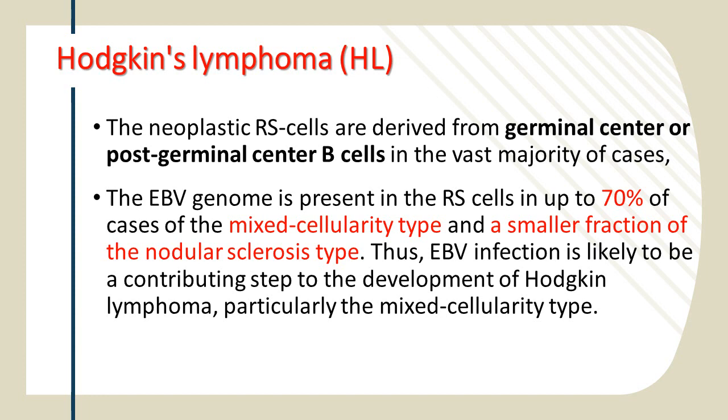Hodgkin lymphomas are now understood to be unusual tumors of B cell origin. The neoplastic Reed-Sternberg cells are derived from germinal center or post-germinal center B cells in the vast majority of cases. To some extent, the Epstein-Barr virus genome is present in the Reed-Sternberg cells in up to 70% of cases of the mixed cellularity type, and a smaller fraction of the nodular sclerosing type.